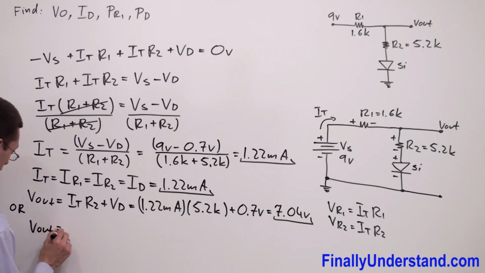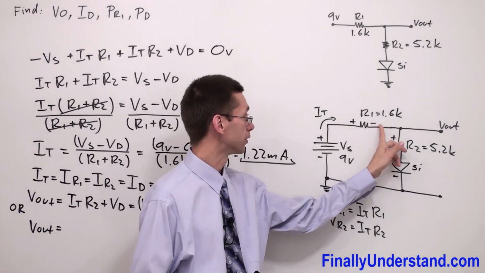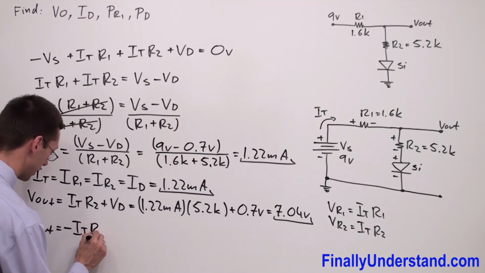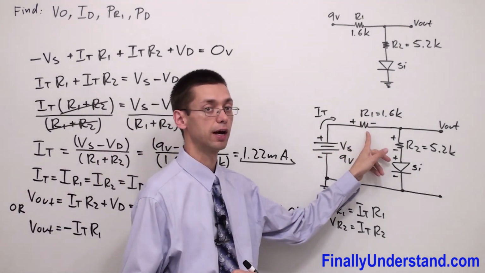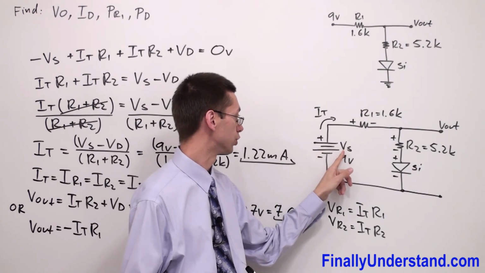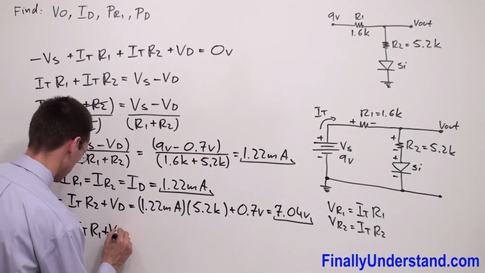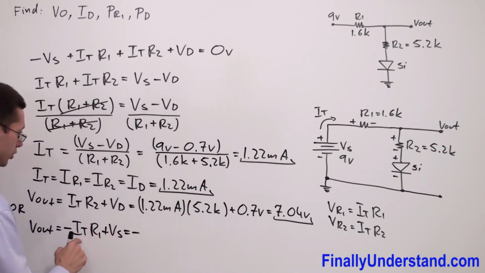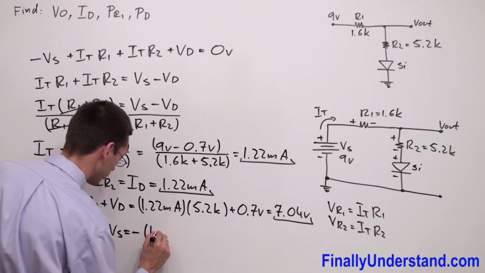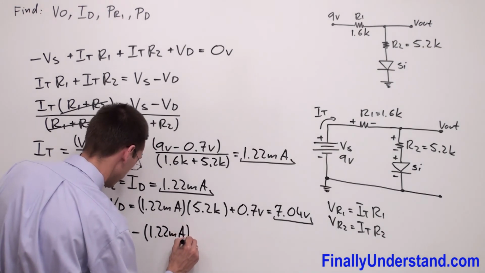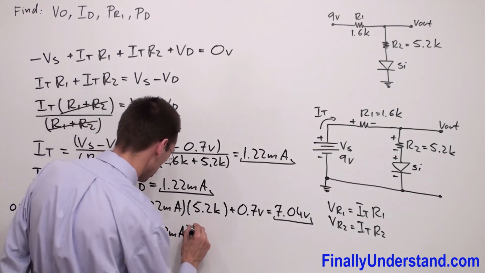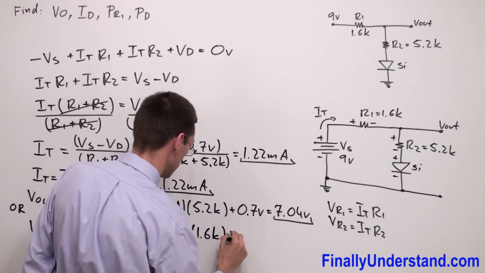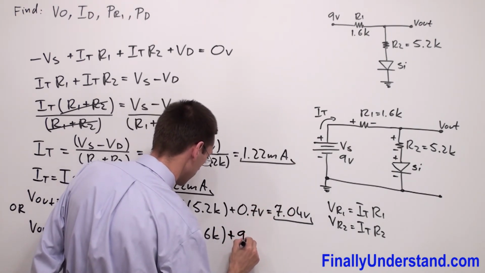Vout is equal, I have negative sign, so I have negative I total times R1, so this is the voltage across resistor R1, plus voltage source, is equal negative I total, 1.22 milliamps times R1, which is equal 1.6 kilo, plus voltage source, which is equal 9 volts.